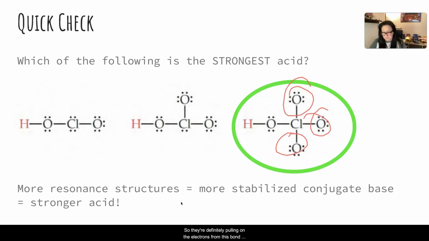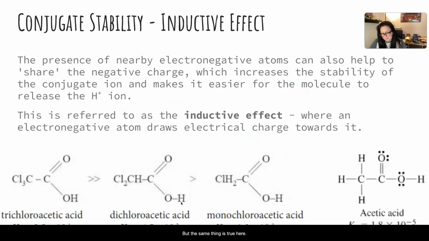So they're definitely pulling on the electrons from this bond, weakening that oxygen-hydrogen bond, and they also create a stable conjugate base. But the same thing is true here. Every time I throw in a more electronegative atom, 1 chlorine, 2 chlorines, or 3, it's pulling the electrons away from that hydrogen-oxygen bond, so it weakens this bond.